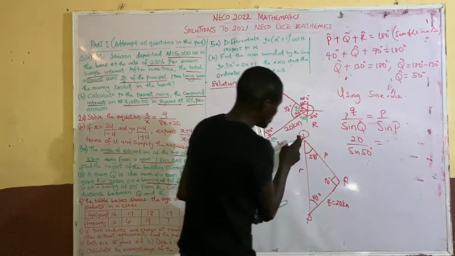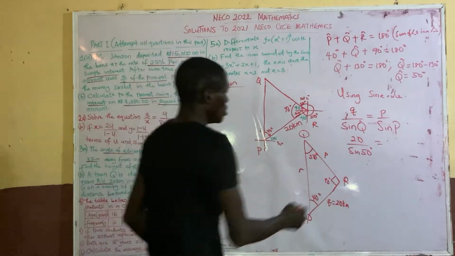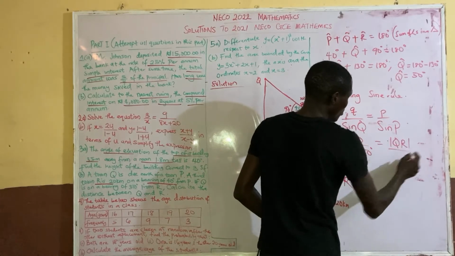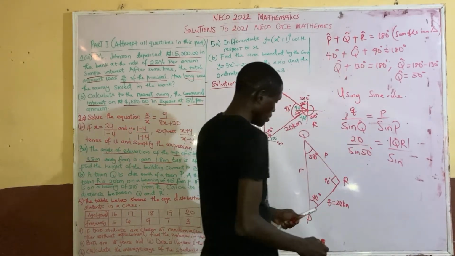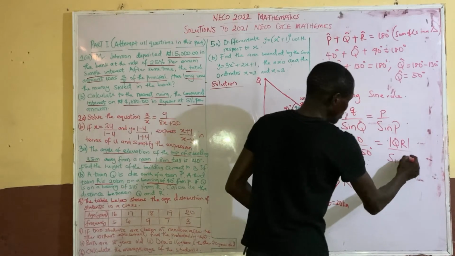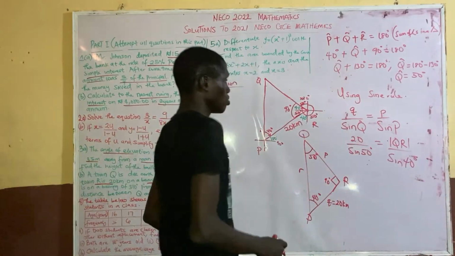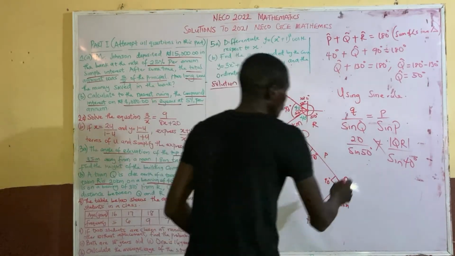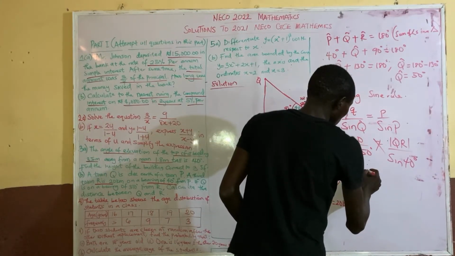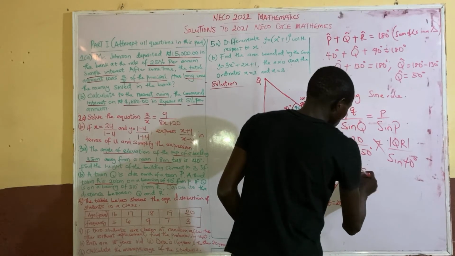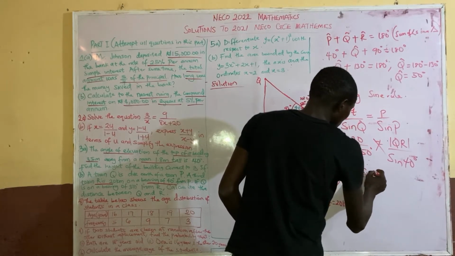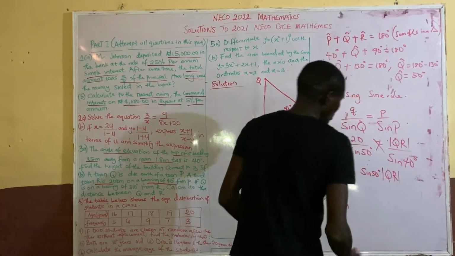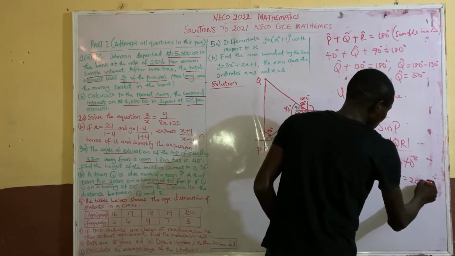Now our P is QR. We are looking for the distance between Q and R, so we can just put the distance QR all over sine P. What is our P? 40 degrees. So by cross multiplication, we have sine 50 degrees multiplied by the distance QR equals 20 sine 40 degrees.